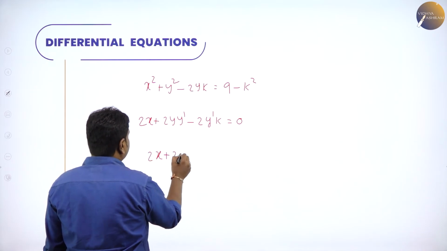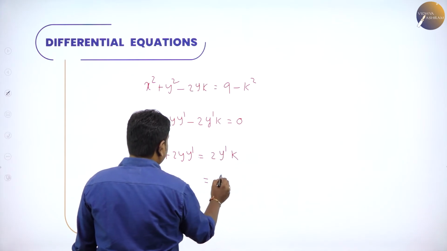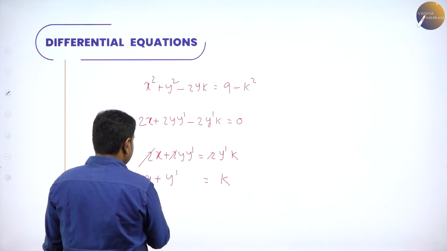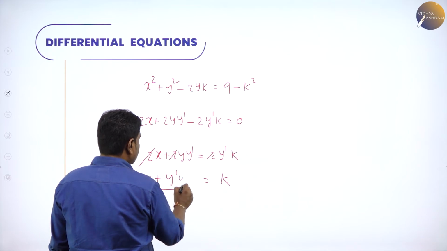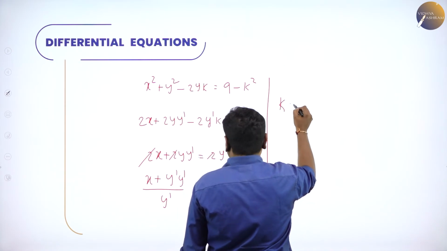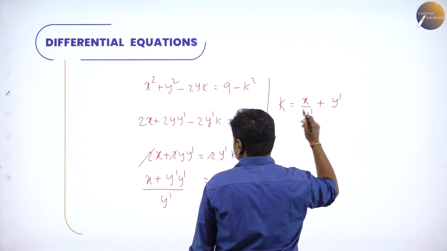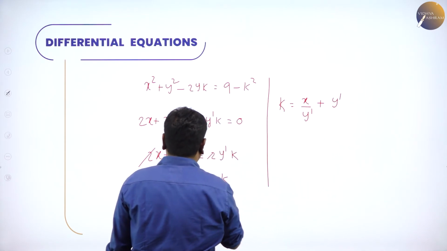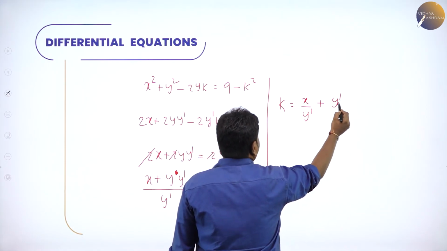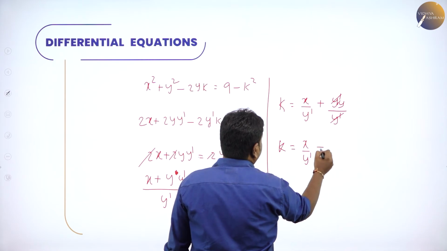So 2x plus 2y y dash is equal to 2y dash k, or you need k, so divide by 2, it cancels. So k value is x by y dash plus y, since y dash by y dash cancels. So k value you got is x by y dash plus y.